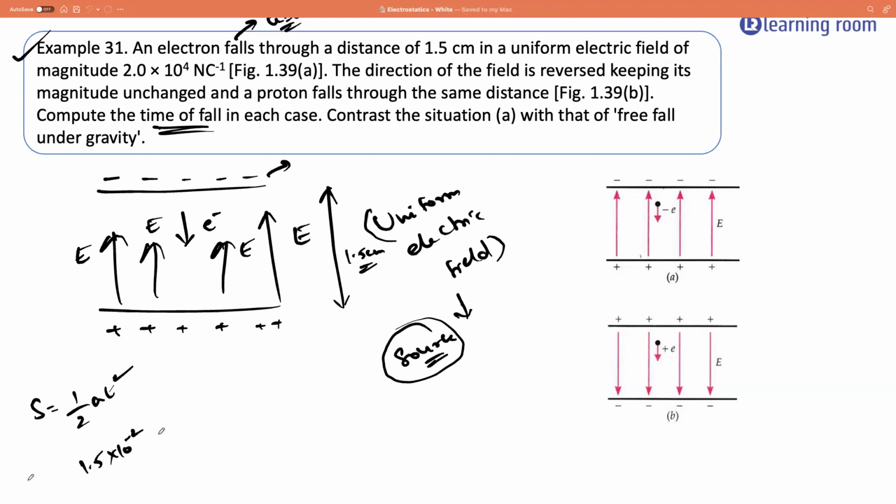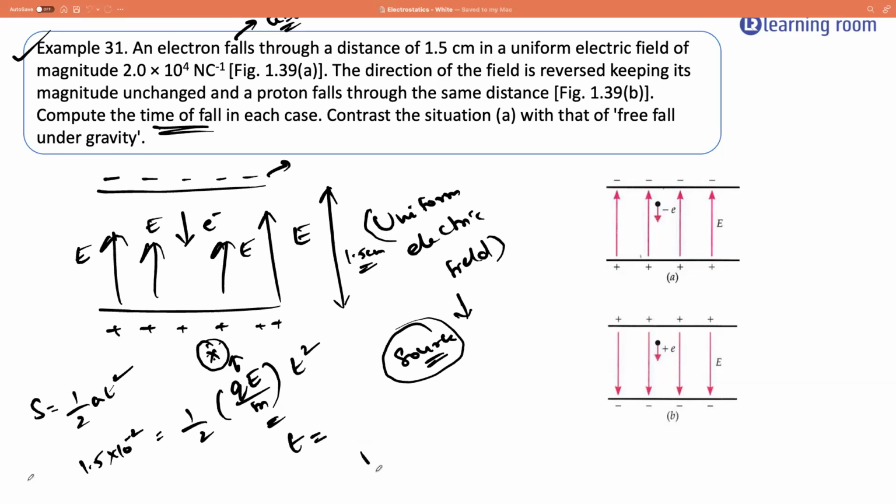So 1.5 into 10 power minus 2 is equal to half into. By now you would have understood how to write acceleration in terms of electric field. Can I write it as Q into E divided by m? Remember this, a famous expression. Okay, can I write it as Q into E divided by m into t square? Q is known, E is known, m is known, calculate t.